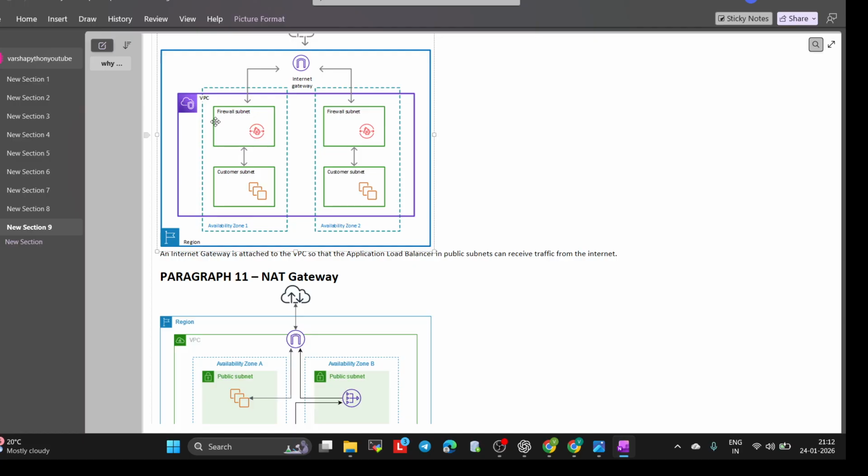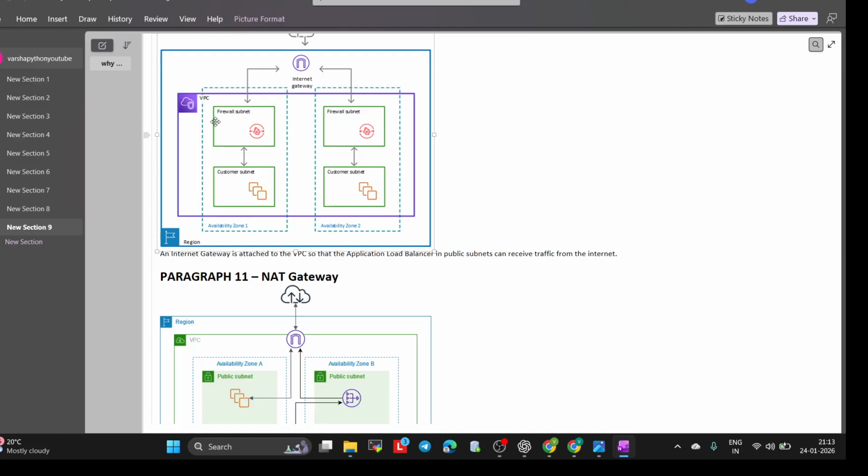A NAT gateway is deployed inside a public subnet and is associated with an Elastic IP address, and its main purpose is to allow outbound internet access for resources in the private subnet while completely blocking inbound internet connections. This one-way communication model is extremely important for security.